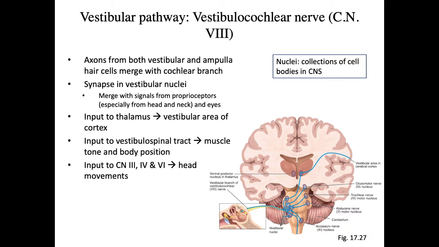As with most other sensory information, this input is routed through the thalamus to the cerebral cortex, where you will become aware of the position and movement of your body in space. Input is also sent to the vestibulospinal tract, which maintains body position and tone, as well as input to other cranial nerves to maintain focus and enable visual tracking.